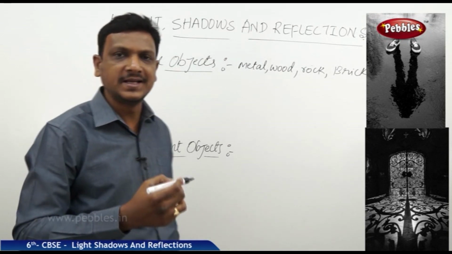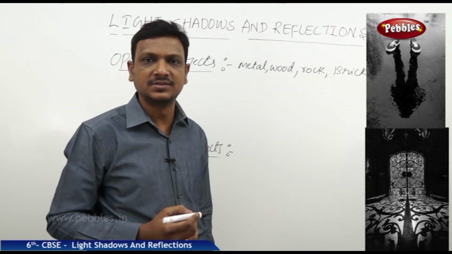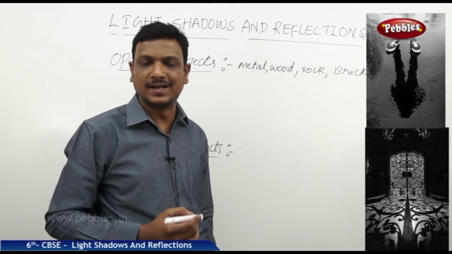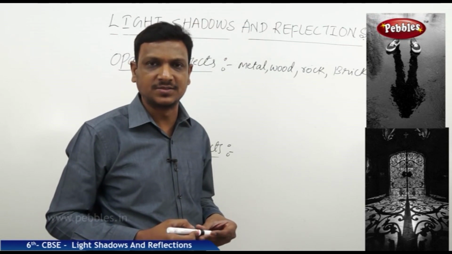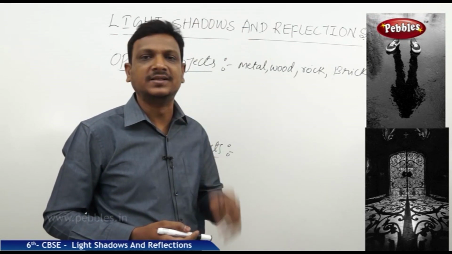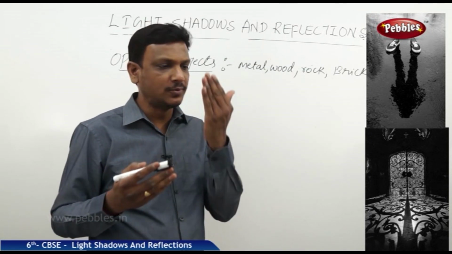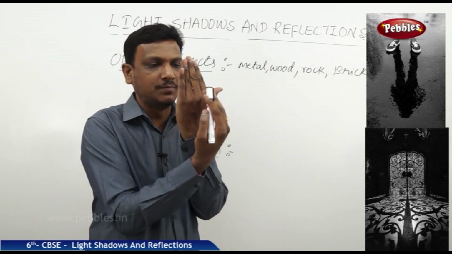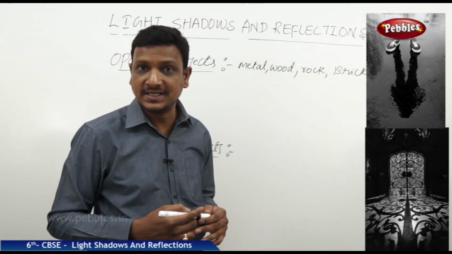You yourself can make a table and collect certain items in your house, and check whether these objects are opaque or transparent. How can you check that? If you take the object in your hand and you are able to see something behind the object through it, you can say that it is transparent. If you cannot see, it is opaque.